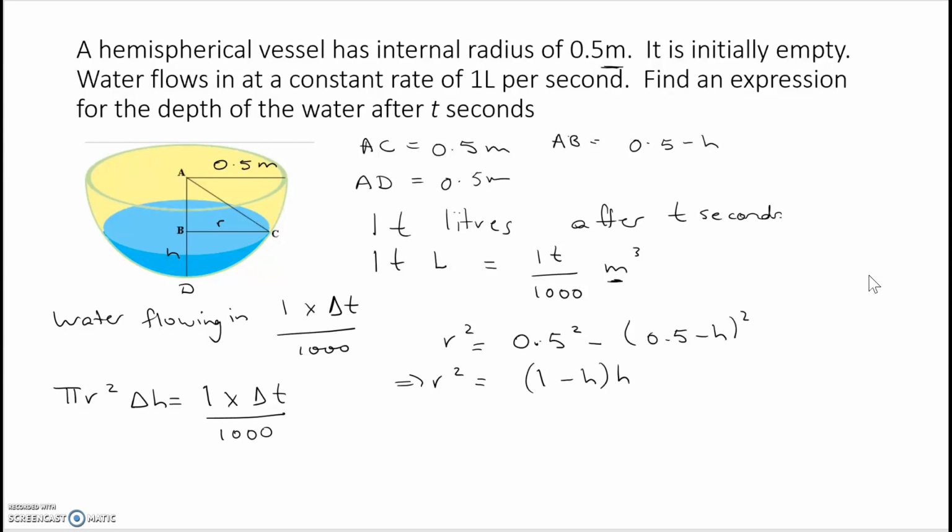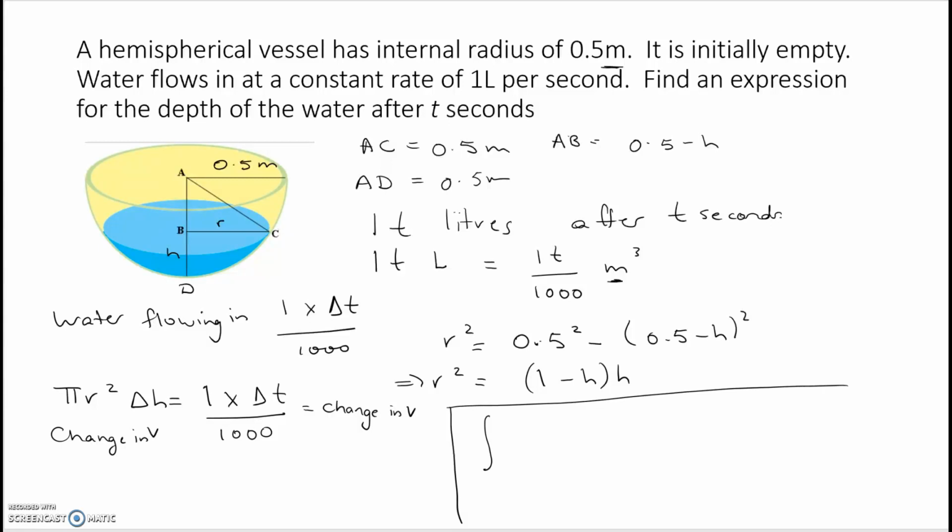So this is the change in volume, must be equal to the change in volume. So let's set that out. Let's call the change in H, dH, and then it fits what we're doing.